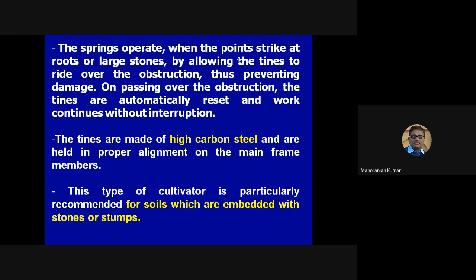The tines are made of high carbon steel and are held in proper alignment on the main frame members. This type of cultivator is particularly recommended for soil which is embedded with stones or stumps. In that condition, spring loaded tine cultivators are most suitable.